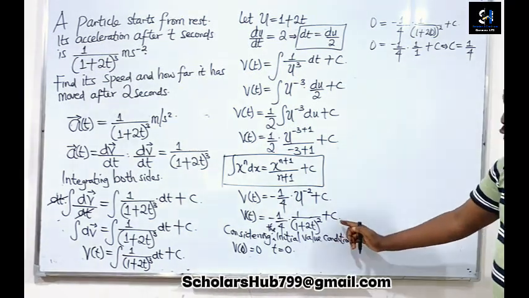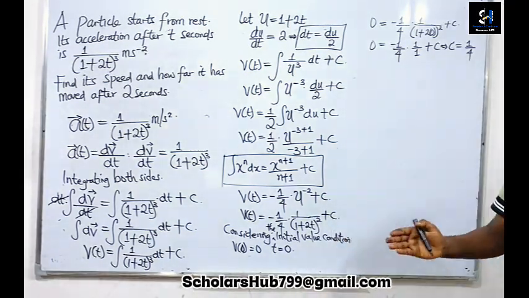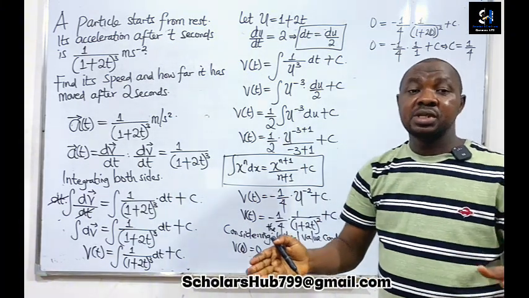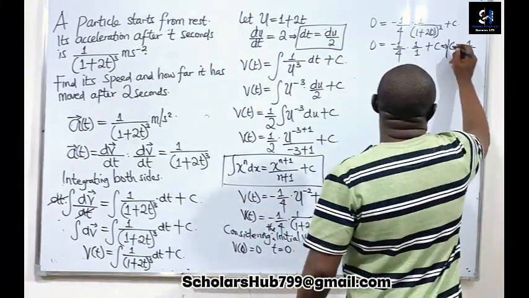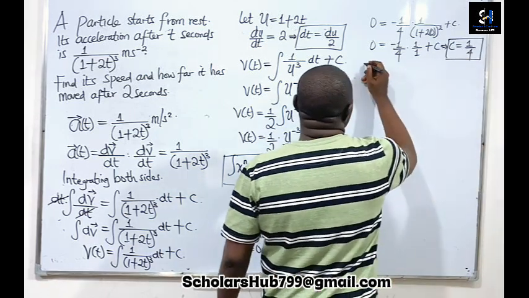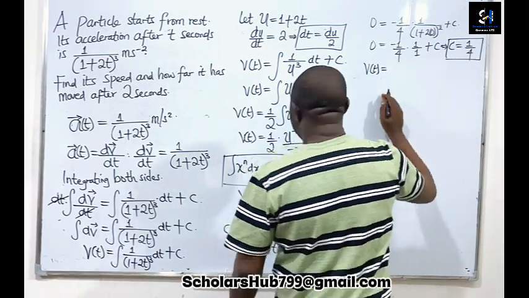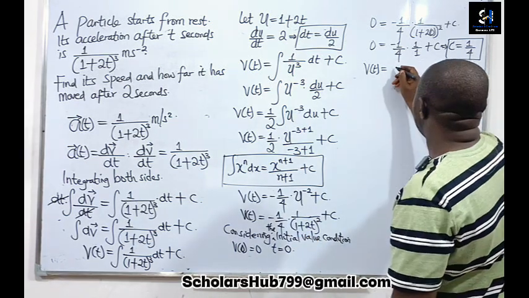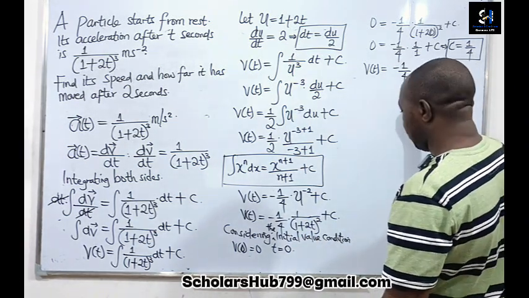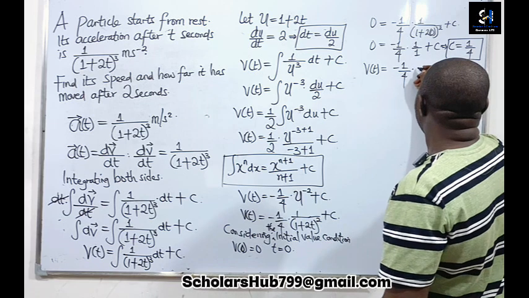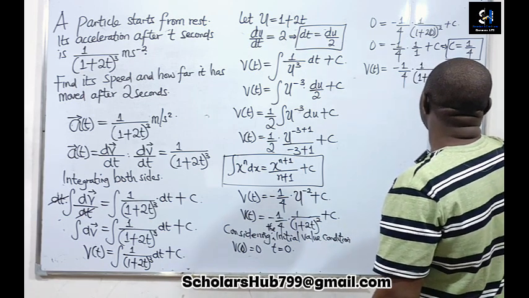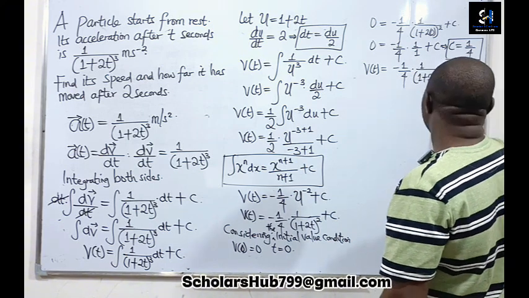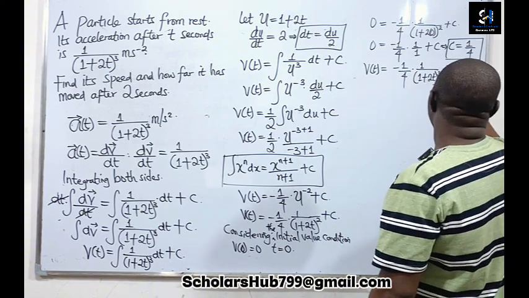So now I'm going to put it back here so that I can have the equation for the speed function. So this is the value of c, so that v of t will be equal to minus 1 over 4 multiplied by 1 over (1 plus 2t) raised to the power of 2, plus 1 over 4.